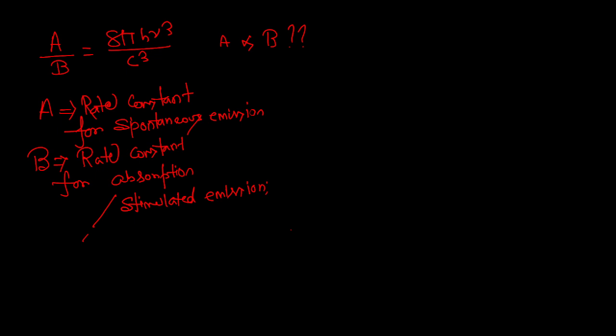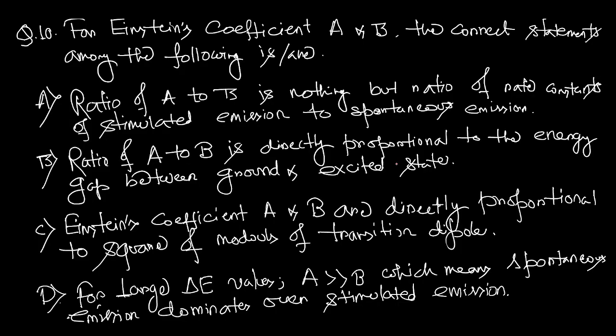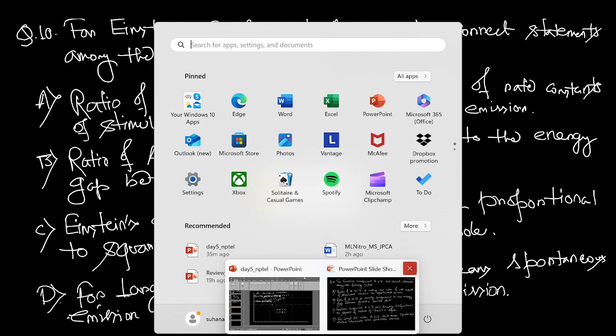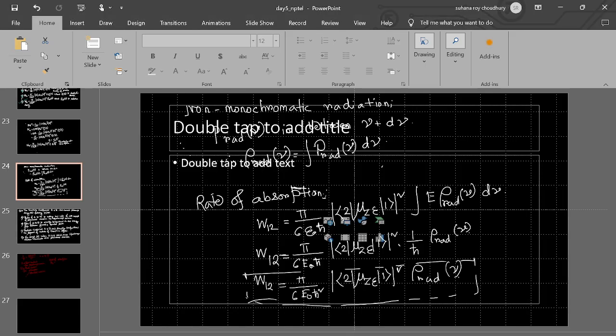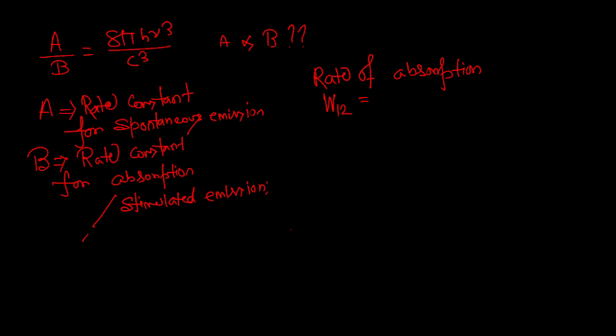Now, in the previous question, we solved the expression of the rate of absorption, which has pi by 6 h cut square, mu z square, into radiation density.